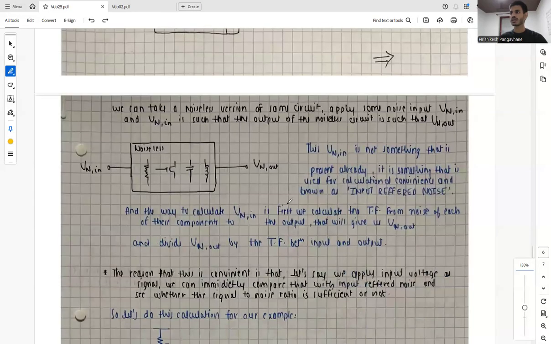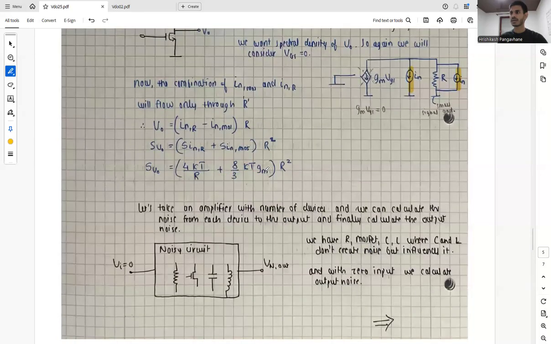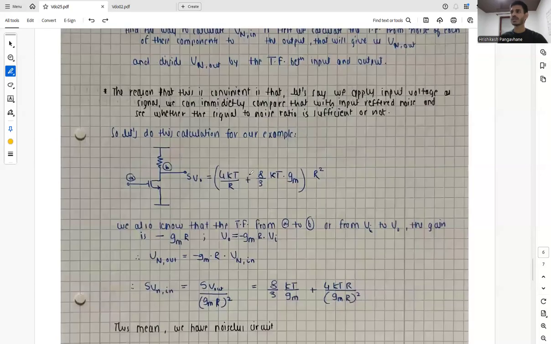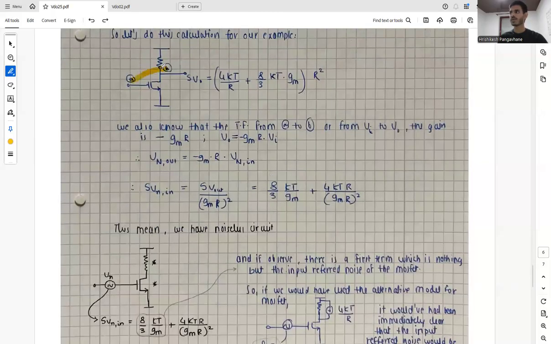So the transfer function from point A to B, or from Vi to V out, is basically the gain, which is minus gmr, and thus V out equals minus gmr times Vi. So Vn out is minus gmr times Vn in, and the spectral density of Vn in is basically the spectral density of V out divided by the gain squared. So basically it comes out to be this value.